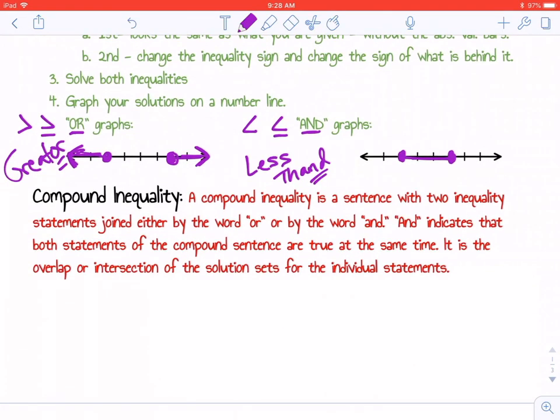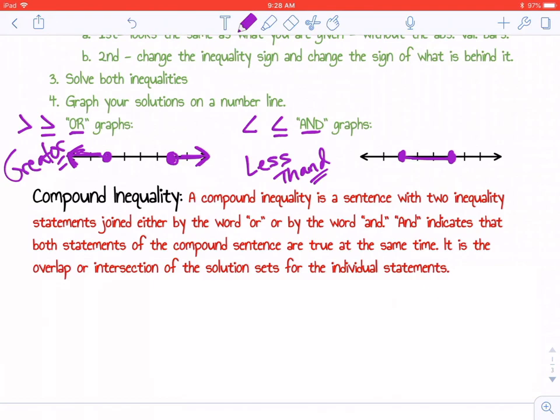A compound inequality is a sentence with two inequality statements joined either by the word or by the word and. And indicates that both statements of the compound sentence are true at the same time. It is the overlap or intersection of the solution sets for the individual statements.